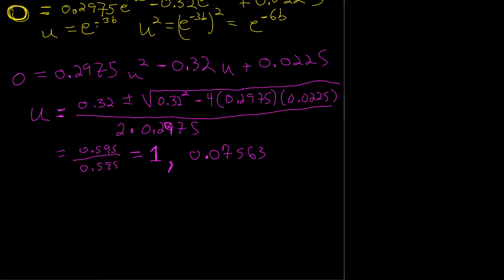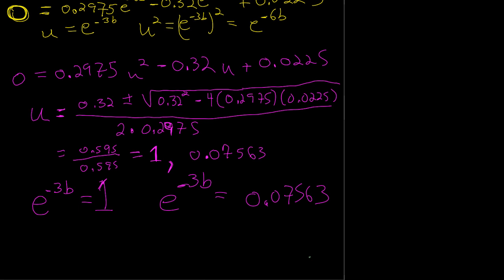But u is equal to e to the negative 3b. So I can say e to the negative 3b is equal to 1, and e to the negative 3b is equal to 0.07563. Well, the things we want are b, c, and a. So I have to work here.